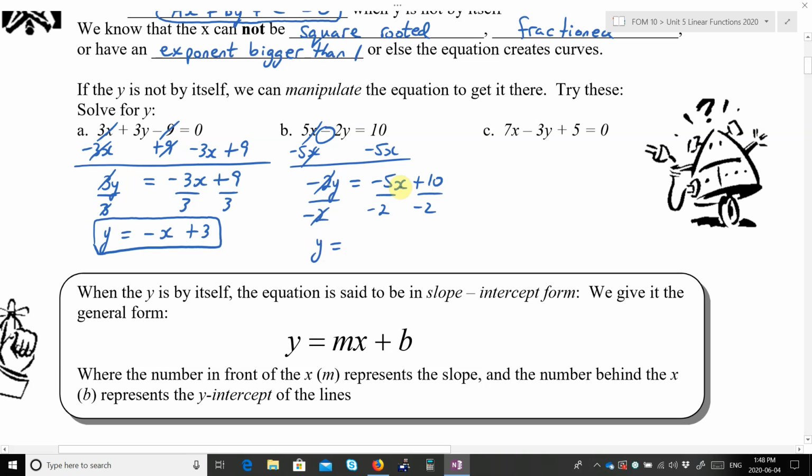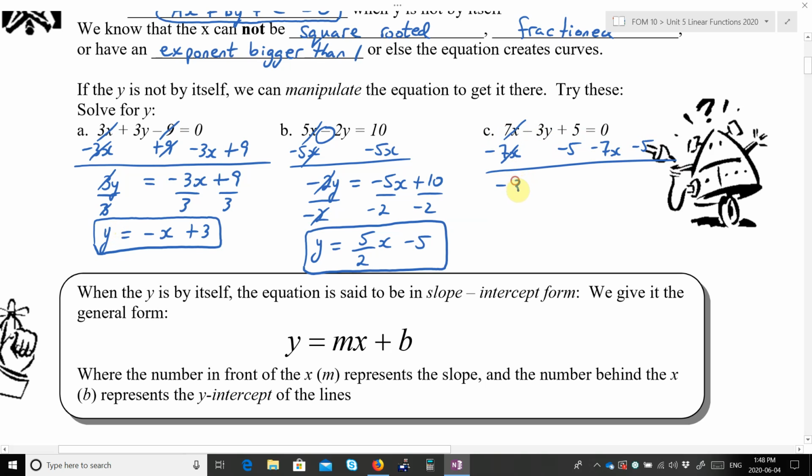We end up with negative 5 divided by negative 2, in lowest terms 5 over 2 times x. 10 divided by negative 2 is minus 5. Y equals mx plus b. So when the y is by itself and you've got mx plus b on the other side, then you know you're finished.